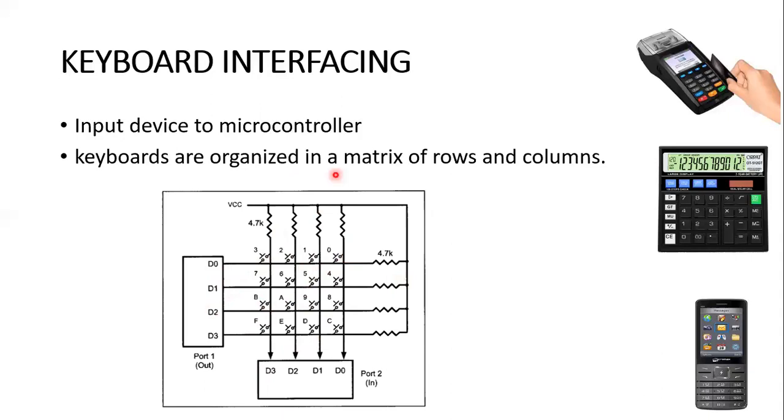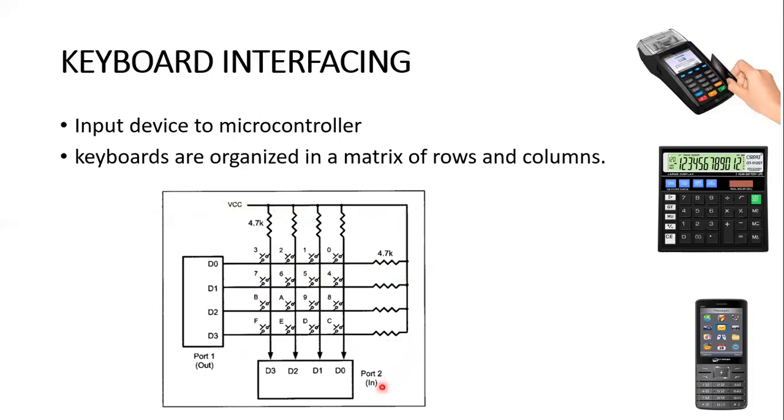A hex keypad has 16 keys, and each key is named 0, 1, 2, 3 up to F. Also you can see that in this arrangement, the columns are connected to VCC, and the other end of the rows is also connected to VCC. So this is how the keyboard is organized in the form of rows and columns.